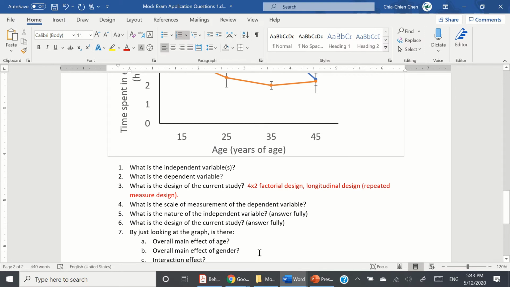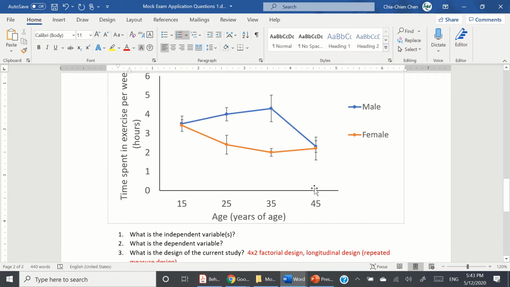What about the overall main effect of gender? Okay, so what you are looking at is whether there is a significant difference between male and female overall. You can see that at 15 we don't see a difference. At 45 we don't see a difference between male versus female, but at 25 and at 35 we are seeing a huge disparity in the amount of time they spend in the gym exercising, males compared to females, and males are definitely spending a lot more time.